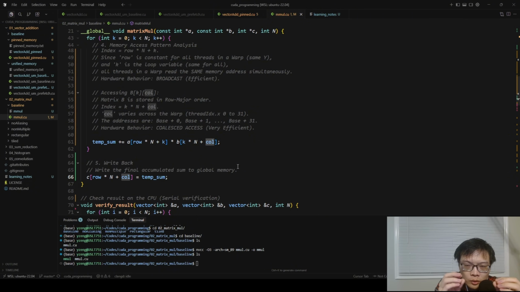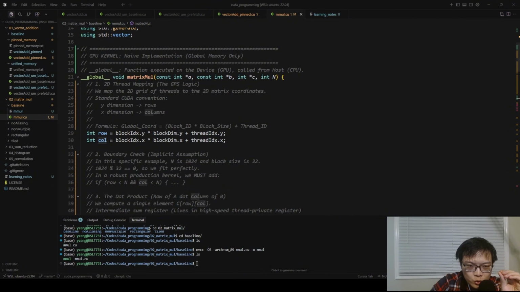In row major, like C++, we store row 0, row 1, row 2. In column major, like Fortran, we store column 0, column 1. Since CUDA hardware is optimized for C-style access, we must strictly follow row major indexing to achieve coalescence.